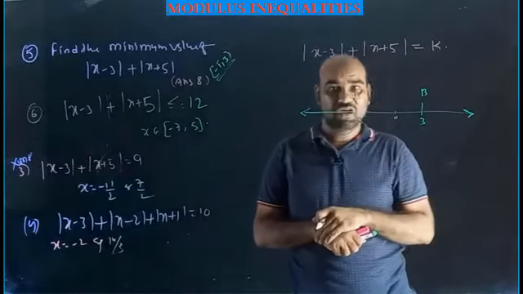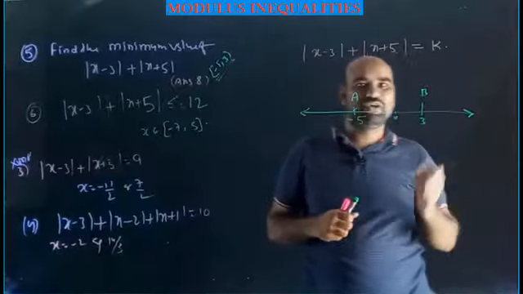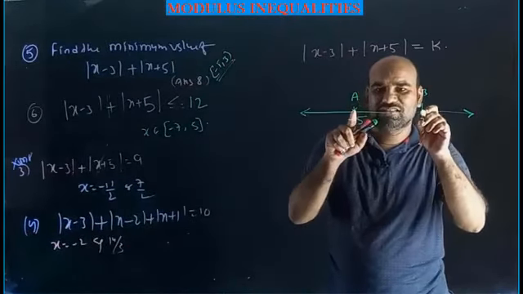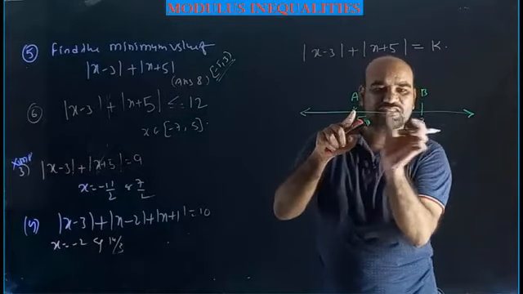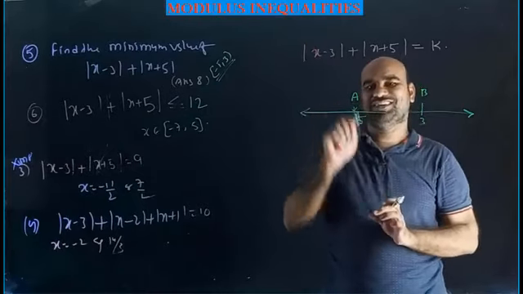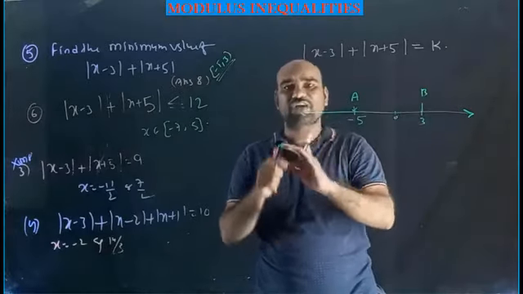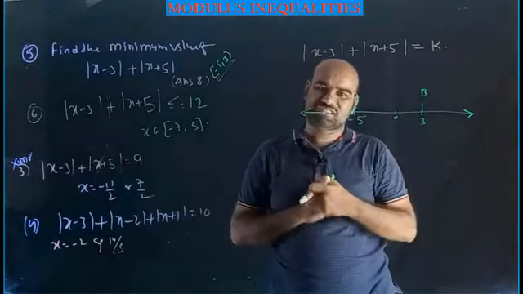Or A wants to meet at B's home. B here only. A should travel this 5 units plus 3 units, 8 units. Important. If A wants to meet at B's home or B wants to meet at A's home, they should travel 8 units. Same distance.